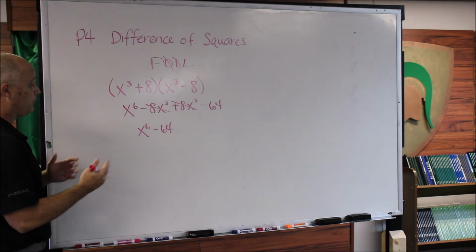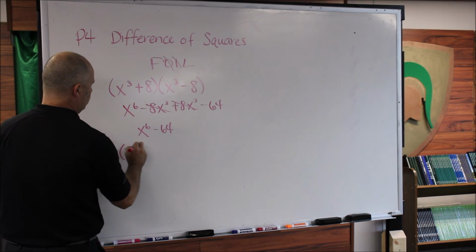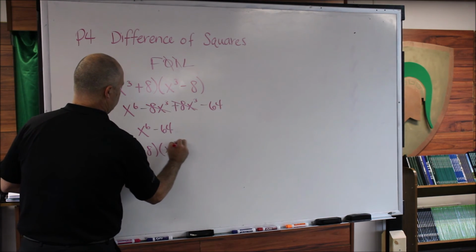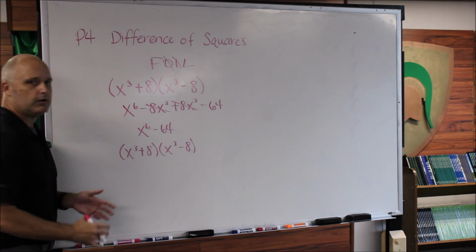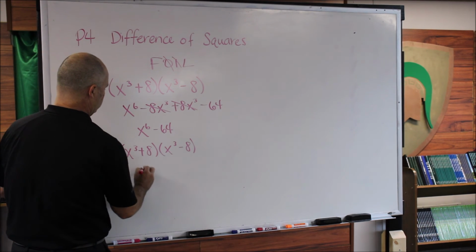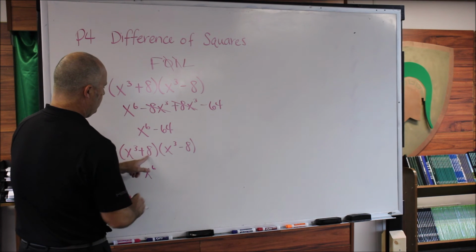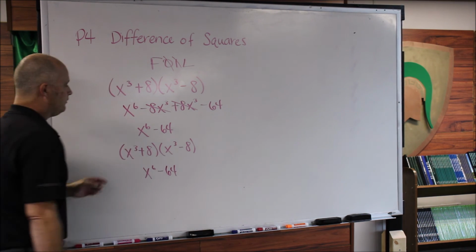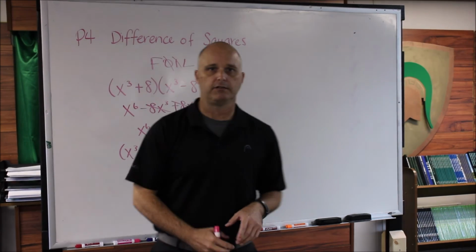Or you can do the quick way. If you've got x cubed plus 8 times x cubed minus 8, let's just worry about the first and the last terms. So x cubed times x cubed is x to the 6th, and positive 8 times negative 8 is negative 64.